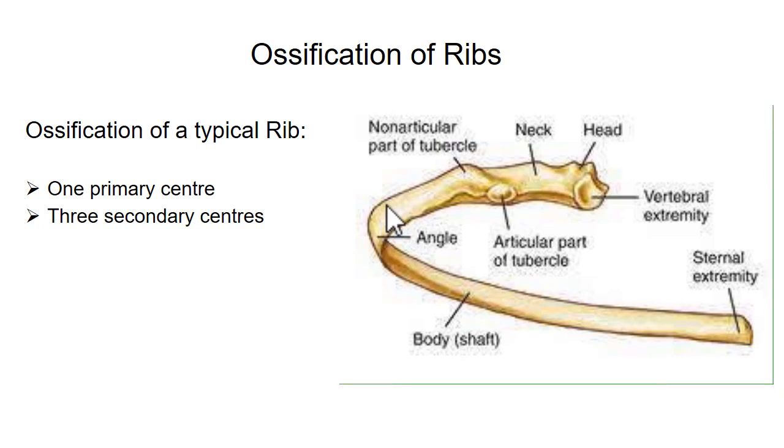Three secondary centers, one for the head and two for the tubercle. This is the tubercle. One secondary center appears for the head and two for the tubercle at puberty, and they unite with the rest of the bone after 20 years.